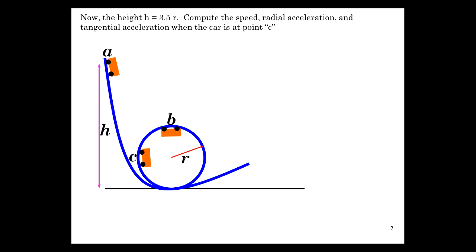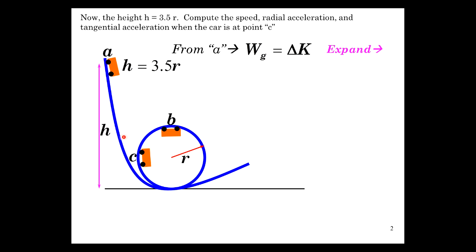And we'll compute the speed, radial acceleration, and tangential acceleration when the car zooms down this ramp, woo, goes over point B with more than enough speed now, right? Because we're starting at a higher height, and those conditions spelled out at point C. So from A, the work done by gravity is delta K, because that's the only thing doing work as it goes through this loop.